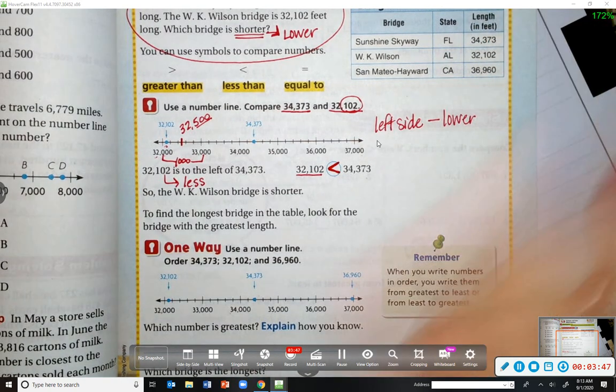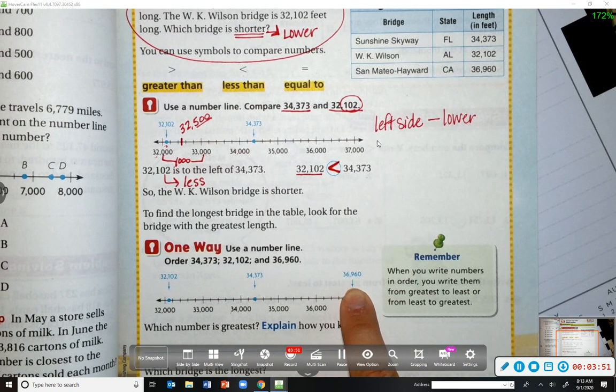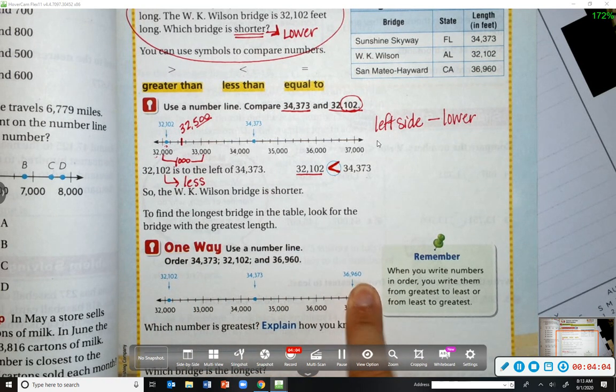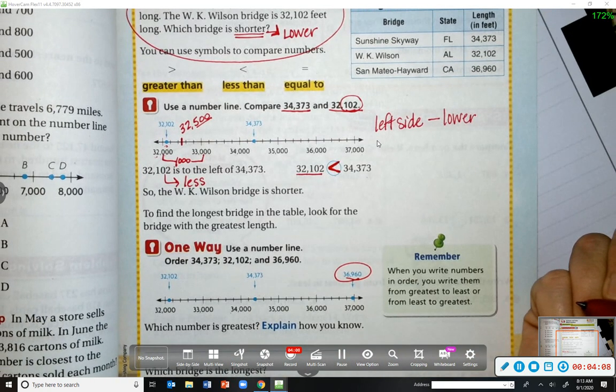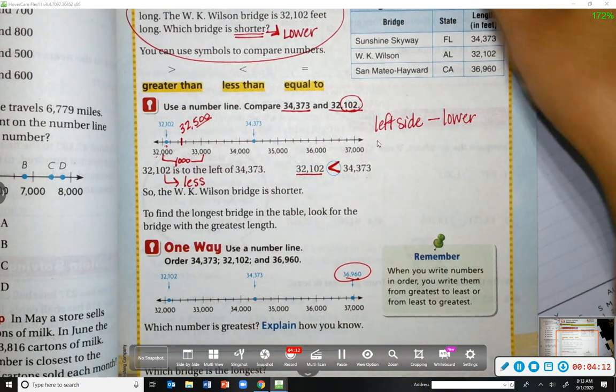Okay, now if we add one more number, 36,960. Which number would be the greatest on this number line, and how can you tell? Okay, well, you should be able to tell that this one is the greatest, 36,960, because it is the furthest to the right on the number line.